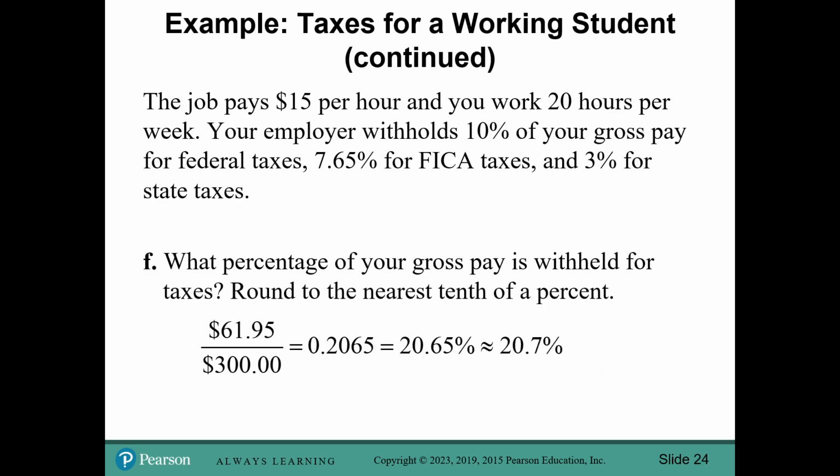Our gross pay here was $300, so we have our taxes divided by our gross pay, and that is going to give us the percentage of our gross pay that is withheld for taxes. In this case, it's about 20.7% rounded to the nearest tenth. Because it asks us to round to the nearest tenth of a percent, you have to make sure you round appropriately here.